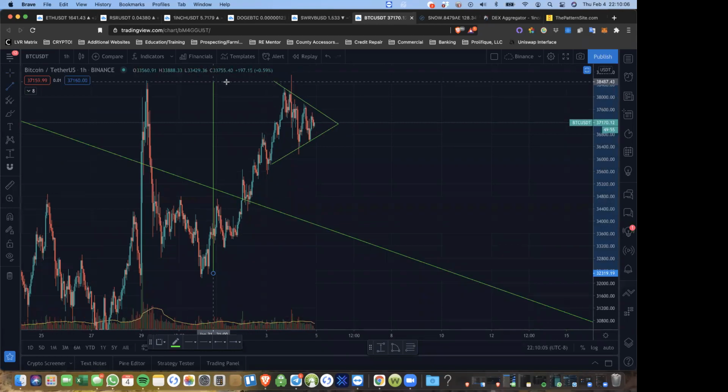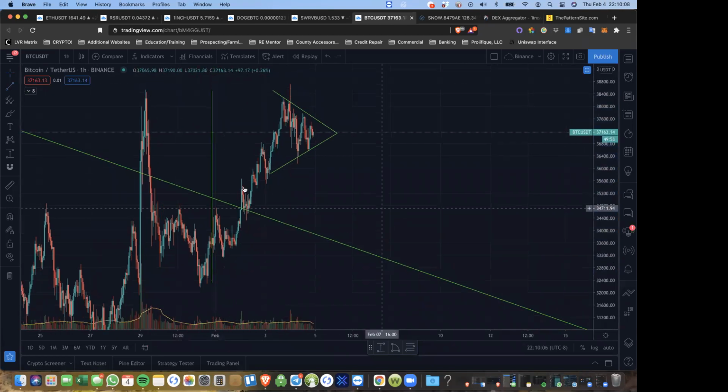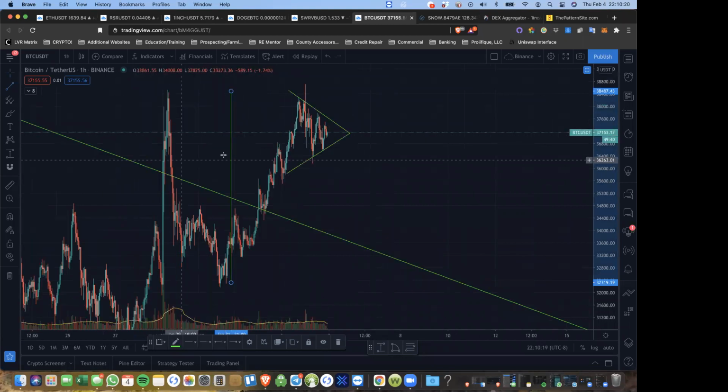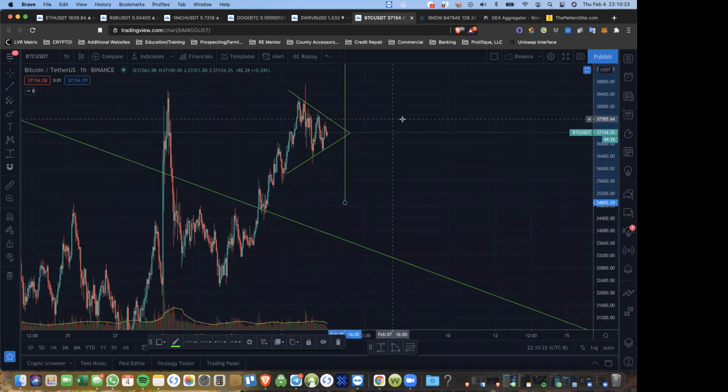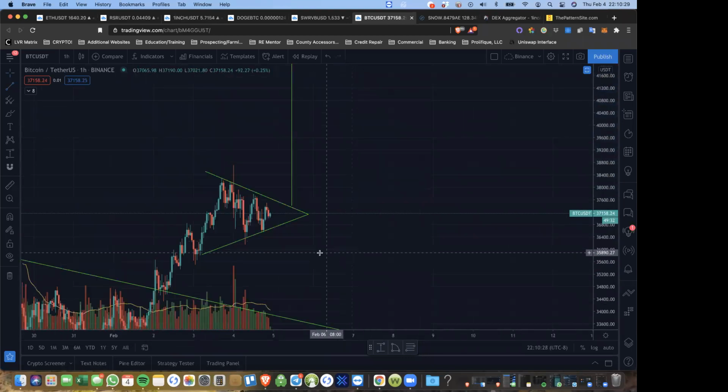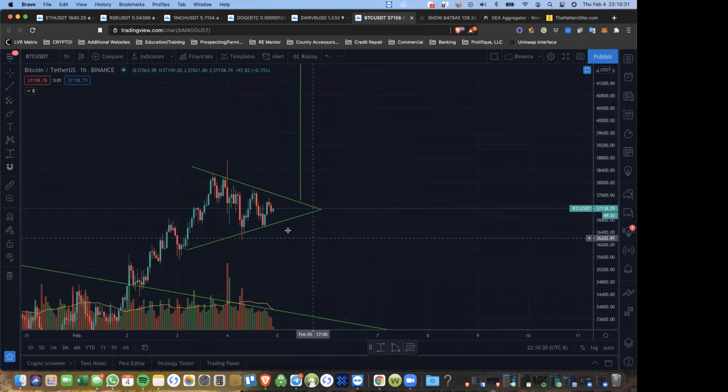It's not like calculus to figure out where this is going to go. You just draw a flagpole. I know it's crooked, but as you can see, it's pretty much straight up. Then it starts to consolidate and creates this little flag. You take the line you drew, the flagpole, and usually these patterns break out about 75 to 85% of the way through.